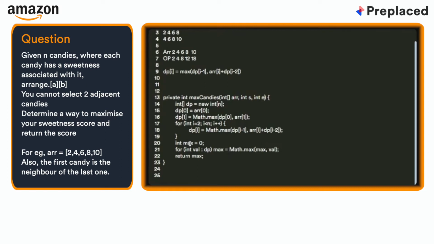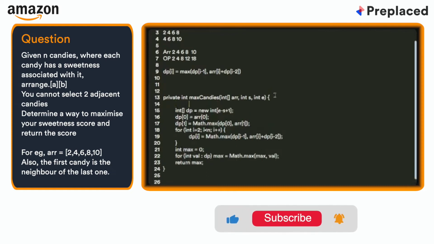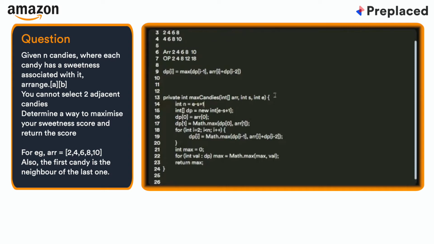My DP will be of size end minus start plus one. Let's just call it n. n is equal to end minus start plus 1. My dp will be of size n.